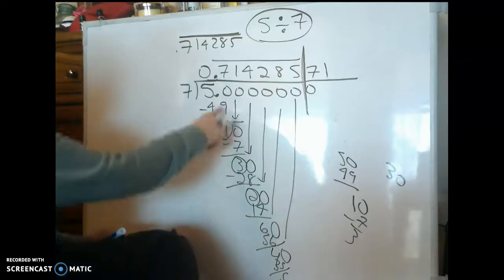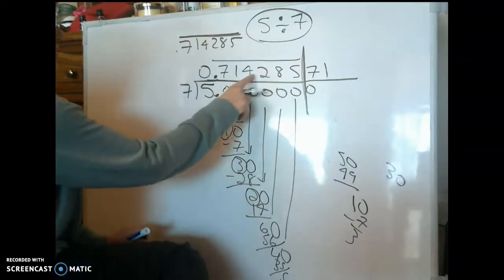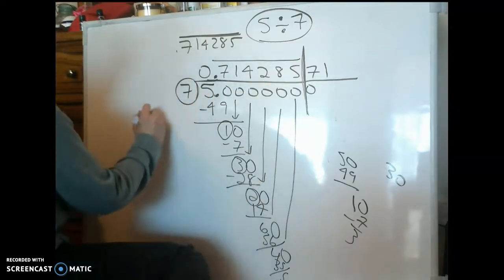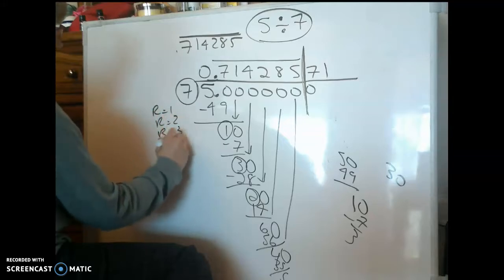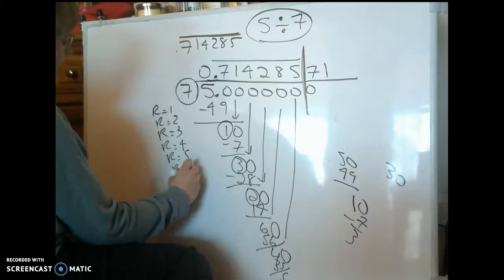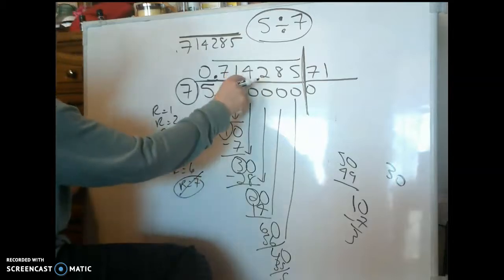Now again, notice I had to divide quite a few places. 1, 2, 3, 4, 5, 6 place values. And the issue is with 7, you could get a remainder of 1, 2, 3, 4, 5, or 6. You can't get a remainder of 7 because that means you should have picked a bigger number up here.